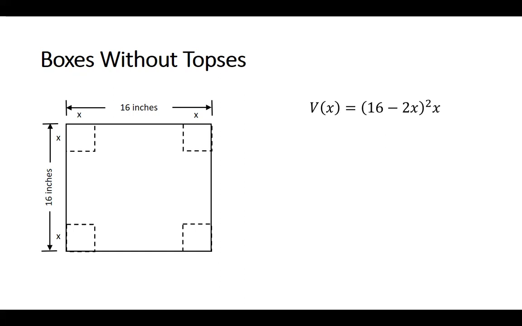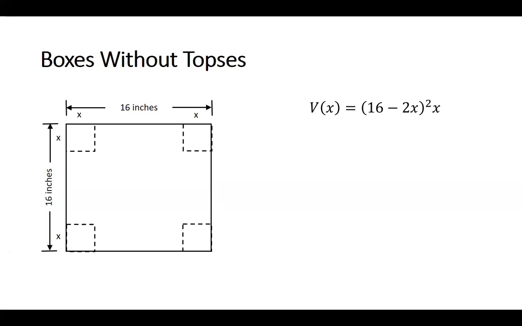In this case, the length is 16 minus 2x, right? Because we're going to cut out that corner that has a length of x. So 16 minus 2x, since it's a square, we're going to square that. So 16 minus 2x, the quantity squared, and we're going to multiply by the height, which is x, the length of a side of that square that we're cutting out.